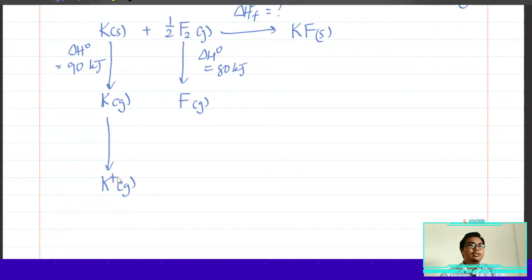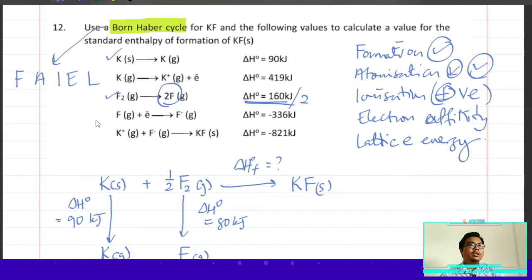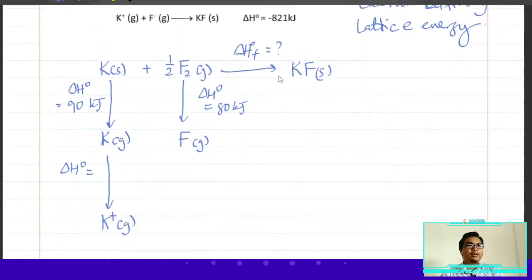Okay, so this is ionization energy, and dia bagi delta H value here for this process. Ionization energy refer to this one. Okay, di mana K gas menjadi K plus. So the value given is positive 419 kilojoule. Okay, so just tulis balik. Positive 419 kilojoule. Okay, so that's for ionization.